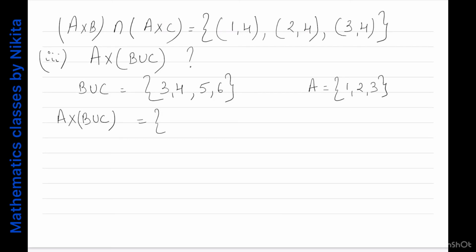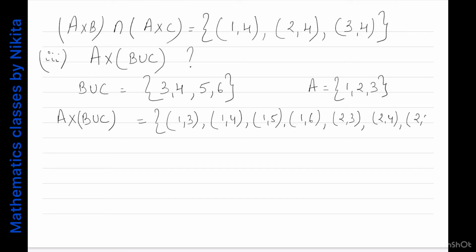So associate each element of A with each element of B union C. You will get 1, 3, 1, 4, 1, 5, 1, 6, then 2, 3, 2, 4, 2, 5, 2, 6, then 3, 3, 3, 4, 3, 5, 3, 6.